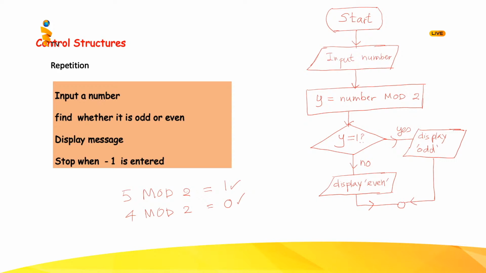So what happens here? When I display even here, I have to use whether I input -1. So what is the most suitable place to indicate or show my termination part, or where should I put -1?